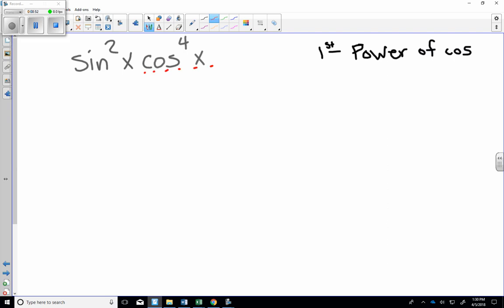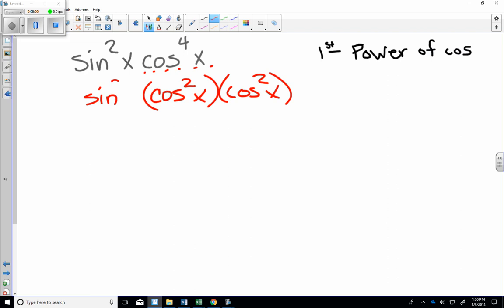Another way to write something to the 4th would be cosine squared times cosine squared. And now we know that sine squared is 1 minus cosine 2u over 2.